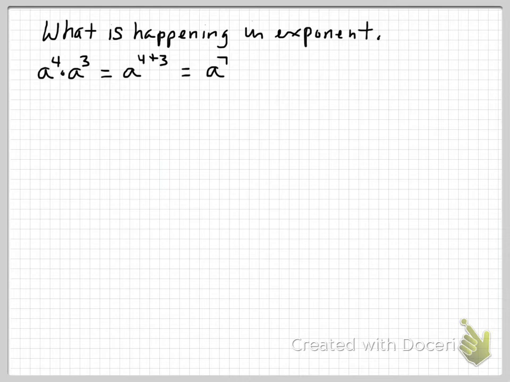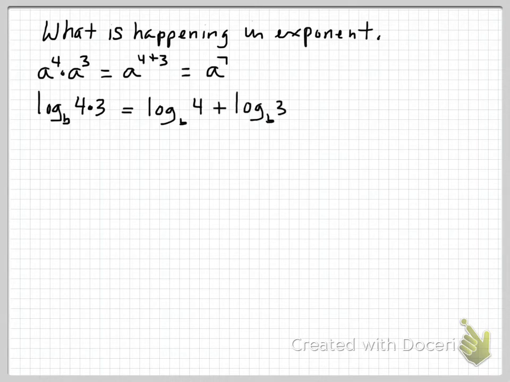For me to simplify a to the fourth times a to the third, I'm actually adding those two things in the exponent, which is kind of an interesting idea. So ultimately I get a to the seventh. That's a rule that we should know. So essentially when I ask you to do log base b, which means any b, of 4 times 3, notice I'm multiplying things inside, but ultimately I can add them just like we did in the exponential function.